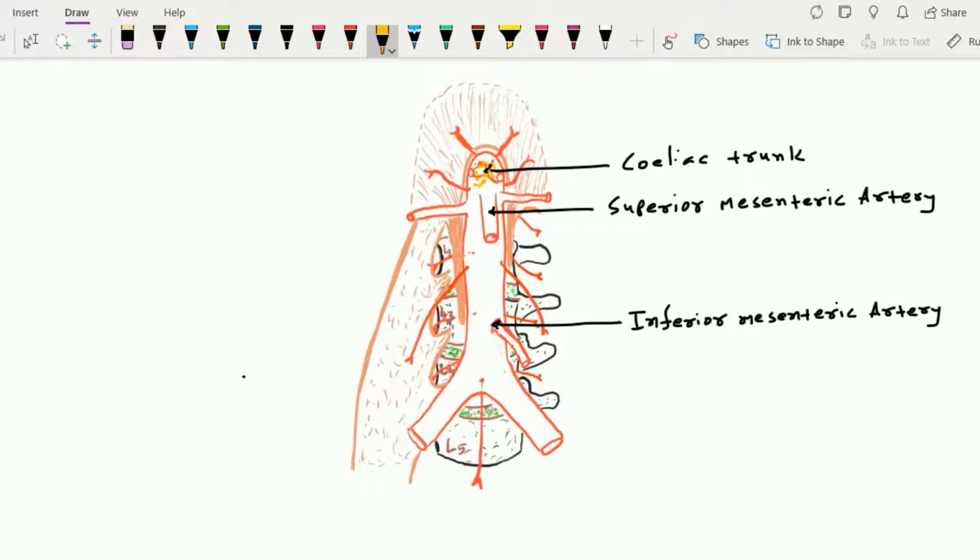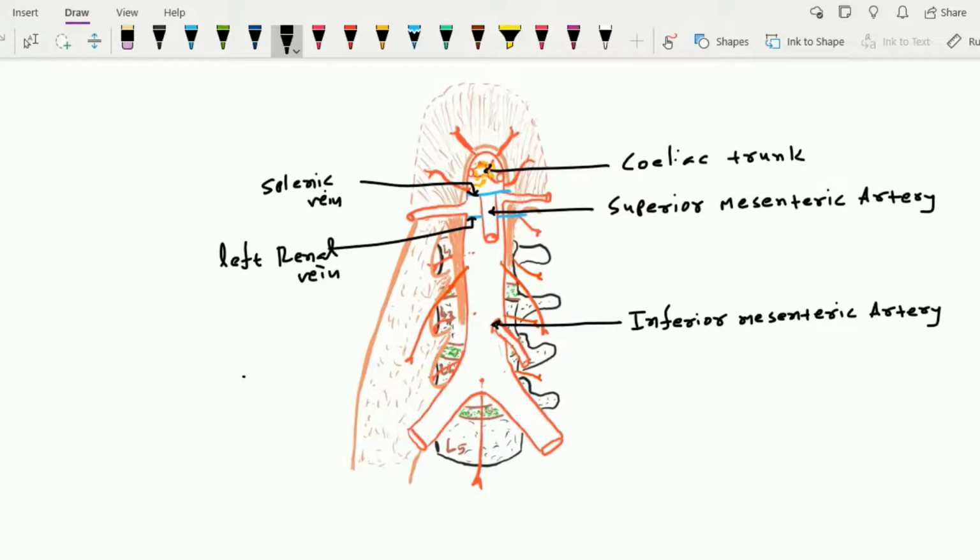The celiac trunk is compressed by the papillary process of the liver from above and the tuber omentale of the pancreas from below. The origin of the superior mesenteric artery is compressed above by the splenic vein and below by the left renal vein, and so both these structures also lie in front of the abdominal aorta.